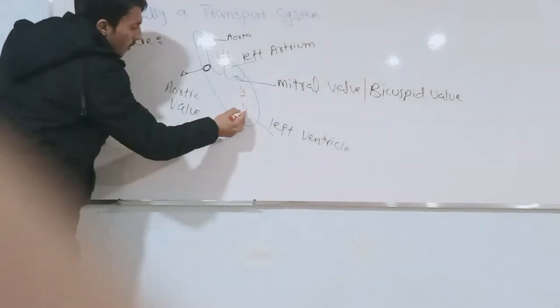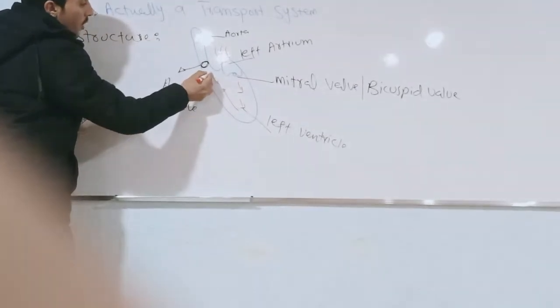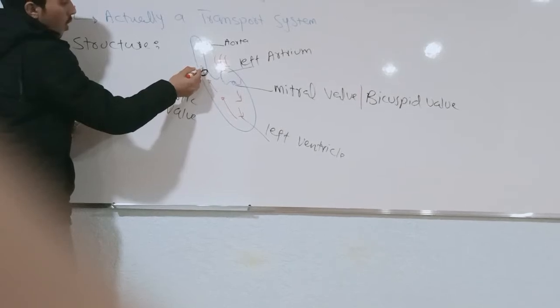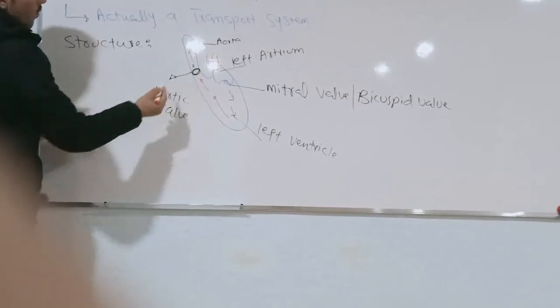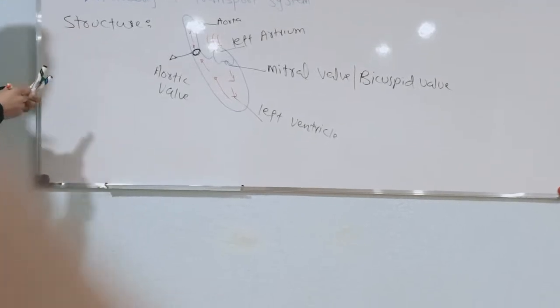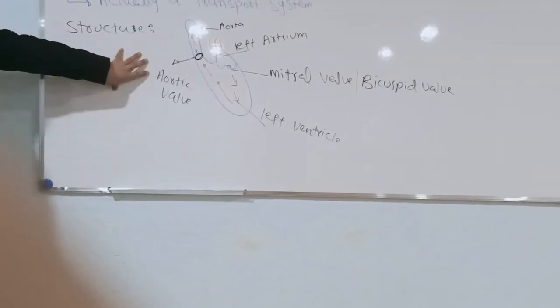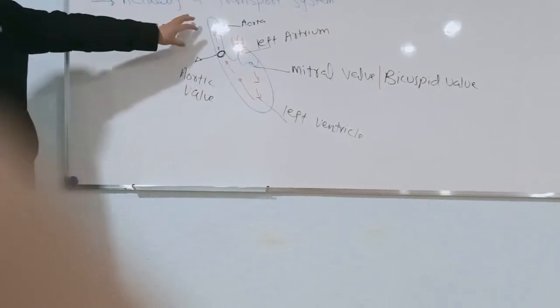Blood comes to the left ventricle. Now, the left ventricle contracts and pushes the blood through the aortic valve to the aorta. So this is the simple diagram of the left heart showing the blood flow mechanism.